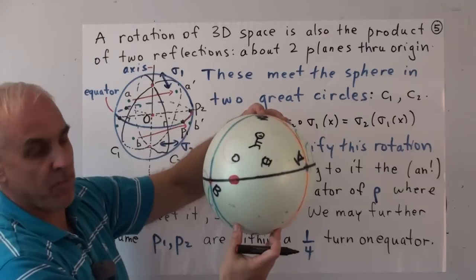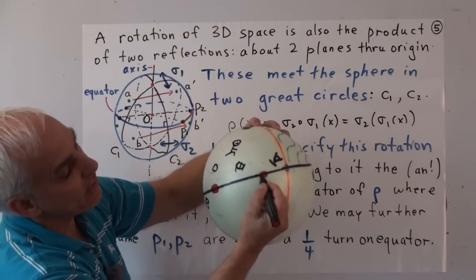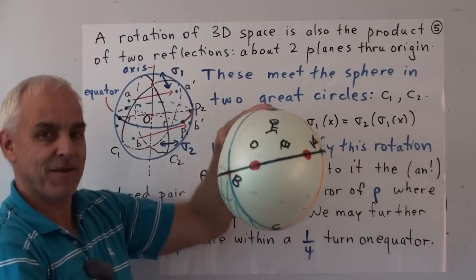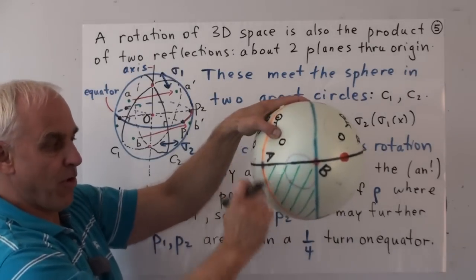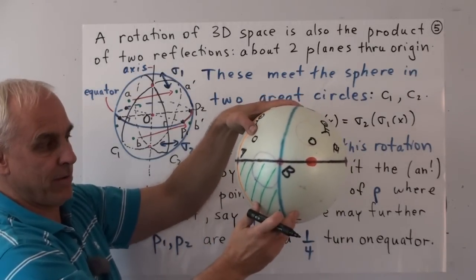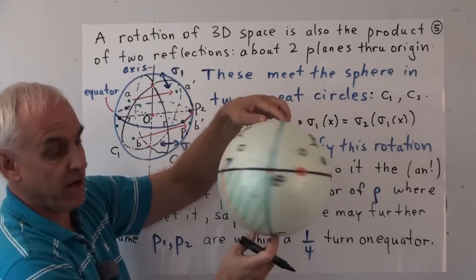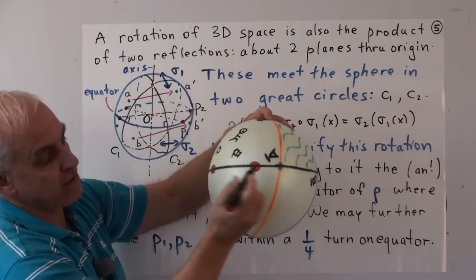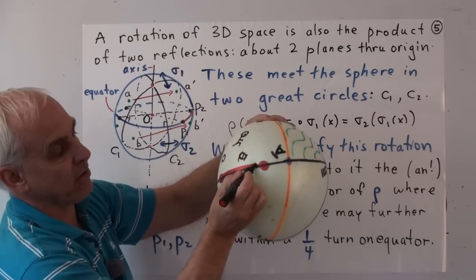It also has a north pole and a south pole. Maybe that one there I'll choose. Okay. That's the north pole for the blue line, and that's the north pole for the original orange line. And then the representation of the rotation that we're considering is this point and this point connected with a vector.